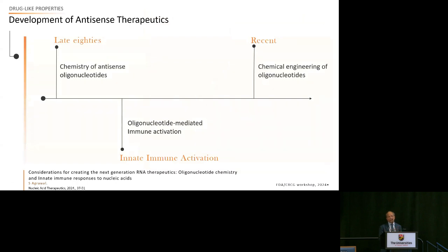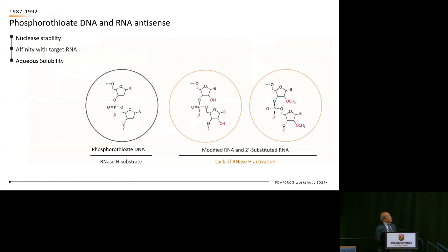Really take you back into history when we started to see these observations, which we had no idea about the immune system, and then come back to really talk about what we know about the innate immune system and how the chemistry affects the immune activation. And then in the third portion is what we have learned, how can we use it to create better therapeutics going forward. So this goes back to 1987, very early days, and we wanted to use oligonucleotide as therapeutics.